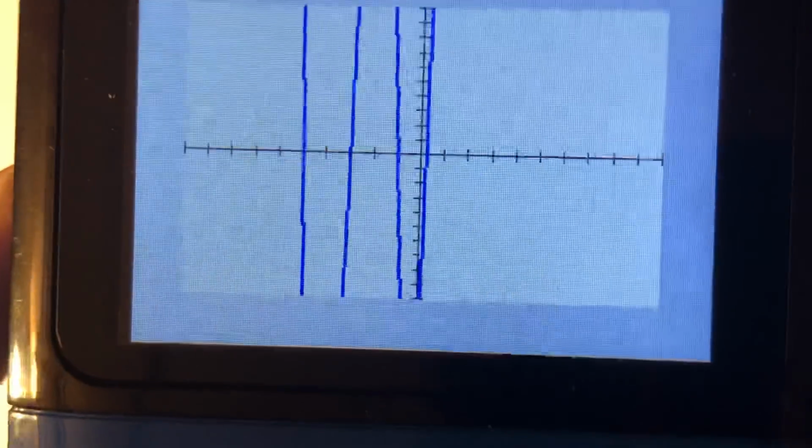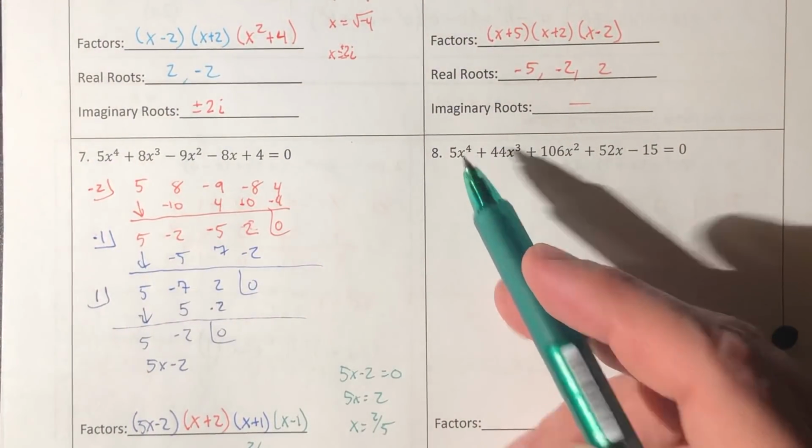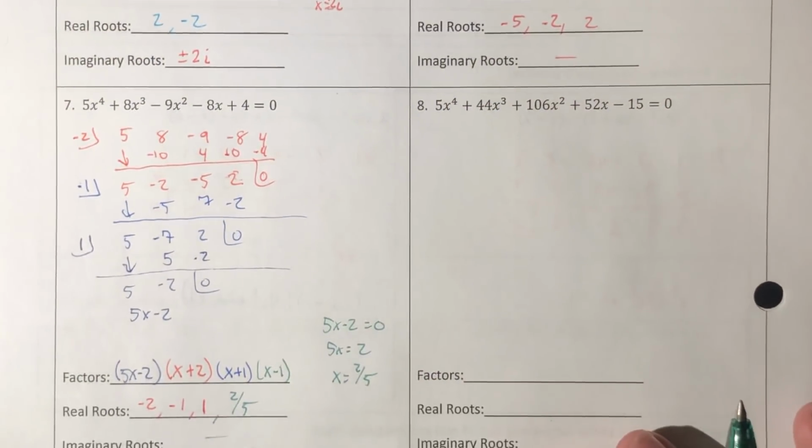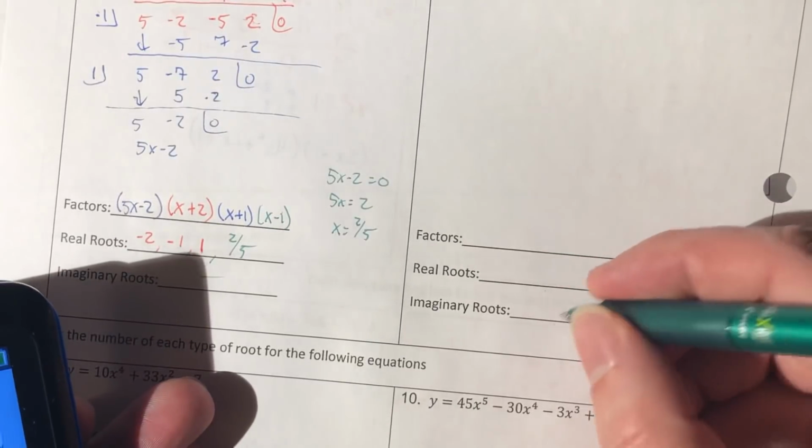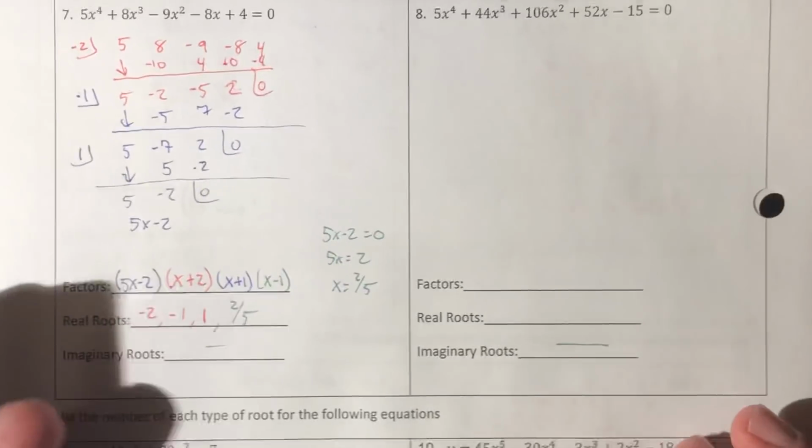Okay, so this one, it crosses 4 times, and it is a degree of 4. So all of my factors, or all of my zeros, are going to be real. I'm not going to have any imaginary roots.